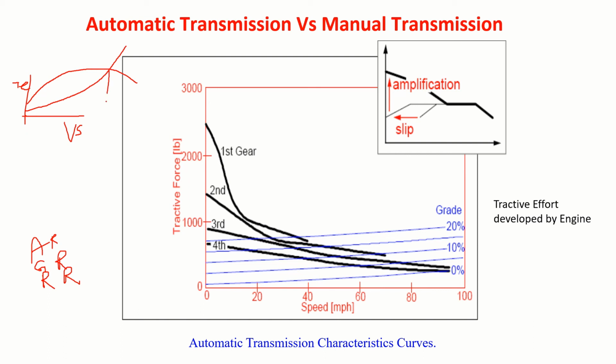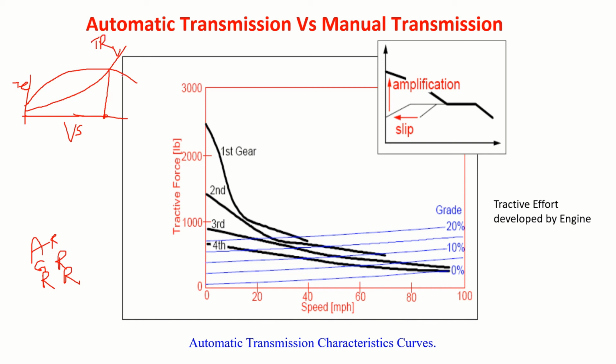And this is the maximum speed of the vehicle. To achieve this, initially we require very high tractive effort. Then, to overcome that, we use first gear, second gear, and so on. This is what you call the tractive resistance, and this is the tractive effort curve.